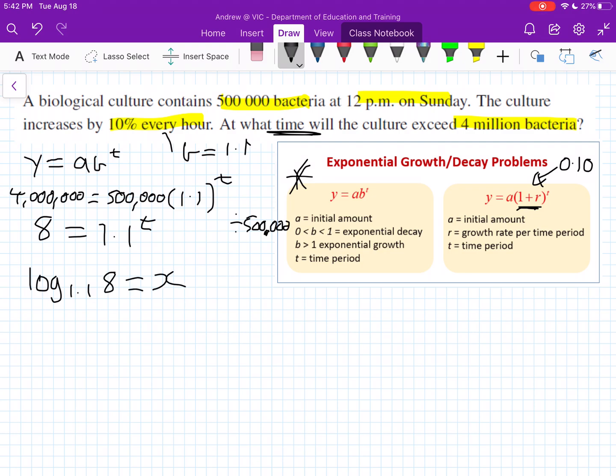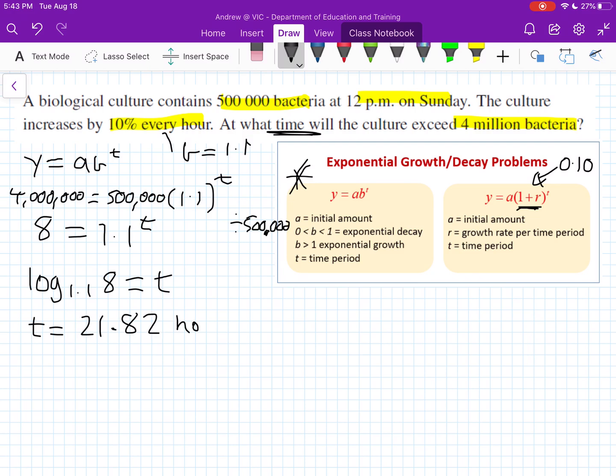So now we can just put log base 1.1 of 8 into our calculator and you've got your answer. Oh sorry, I changed from a t to an x. It should be t. So time is equal to 21.82 hours.